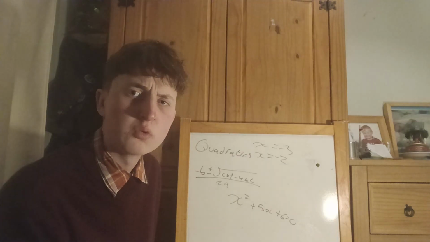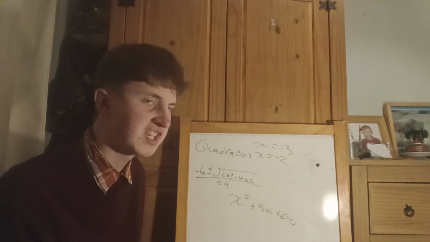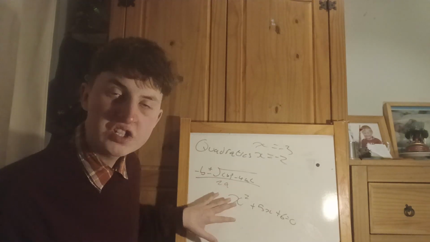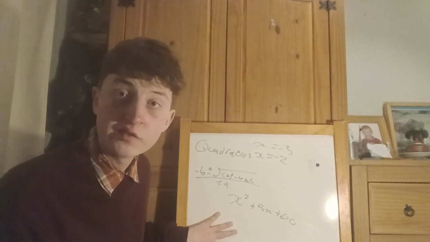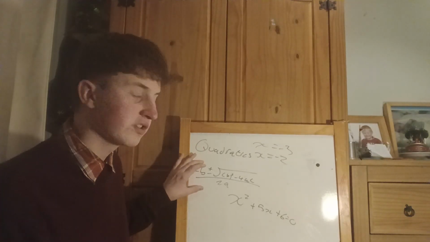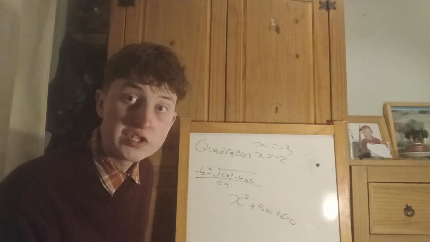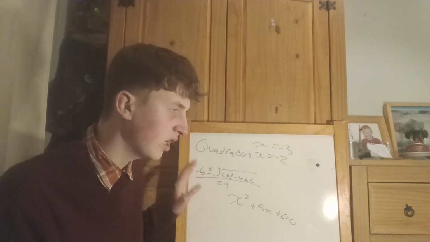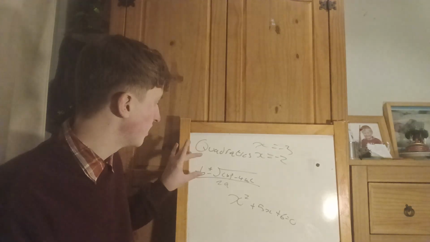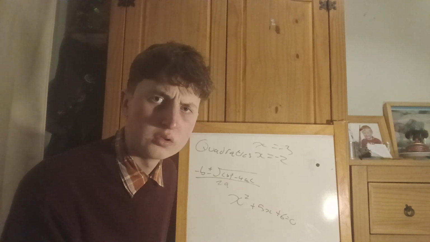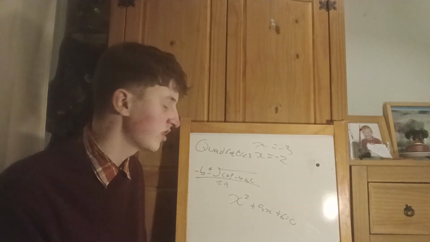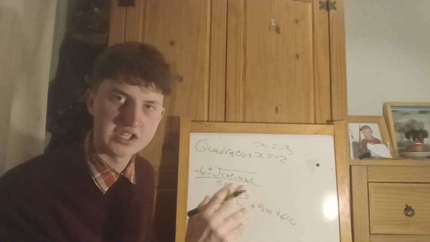All three are quite easy, but sometimes they specify. Factorising, I've been asked a few times in past papers, and I've been asked to use the formula a few times. Luckily, if you're doing OCR, I'm not sure about the other exam boards, they give you the quadratic formula on the equation sheet, so you don't have to remember it, you just need to know how to use it.